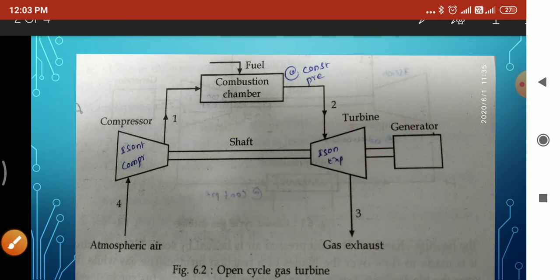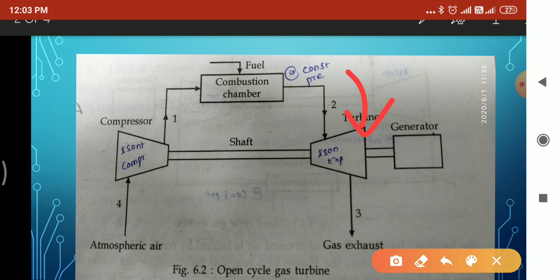After that, the gas is passed over the turbine blades, which means the gas imparts kinetic energy to the turbine blades that causes the turbine to rotate. The shaft is connected between this compressor and this turbine along with this generator.